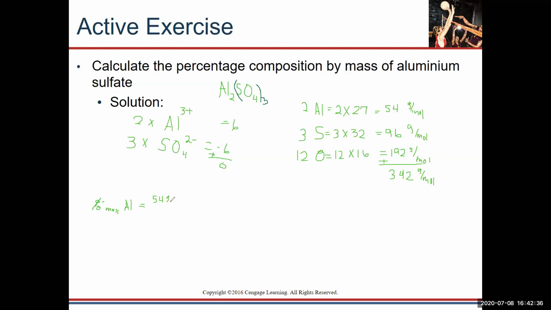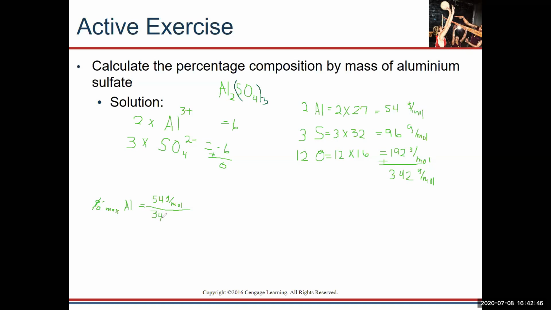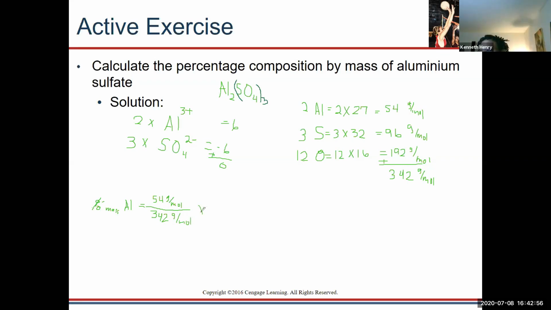And when you divide that, you're gonna multiply it times 100. You said 342? Yeah. And multiply that by 100.